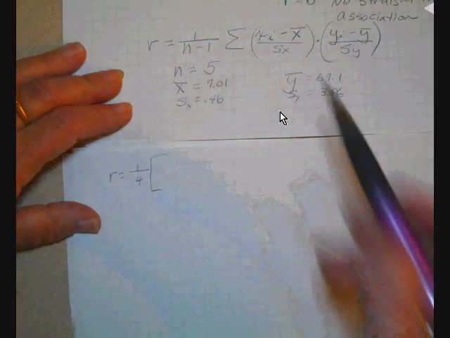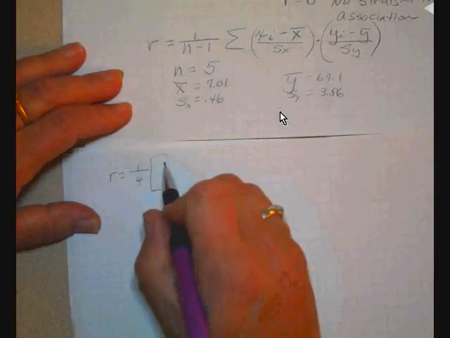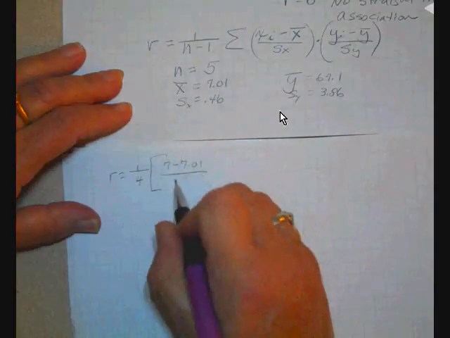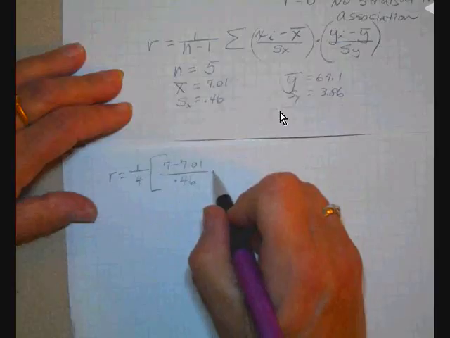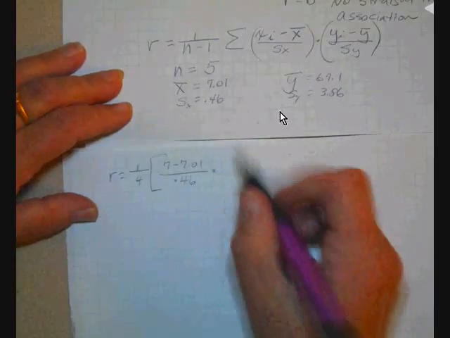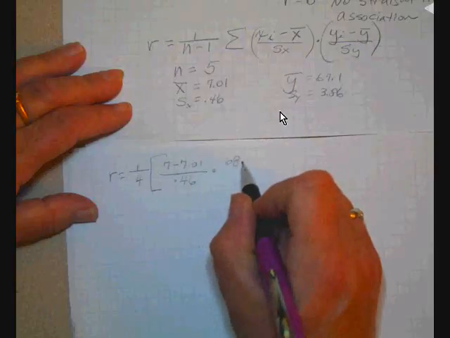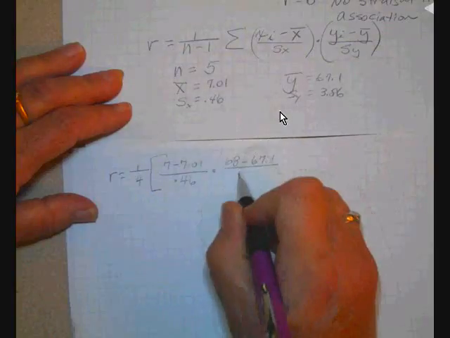X sub i, the first X was a 7, minus the mean, divided by the standard deviation, times my first Y, 68, minus the mean, divided by the standard deviation for the Y list.